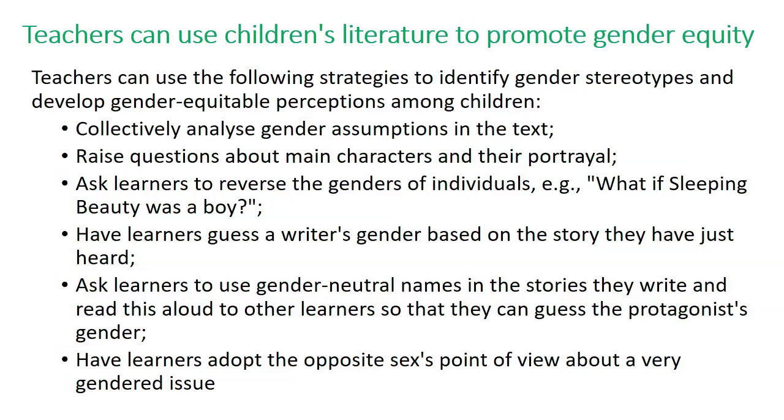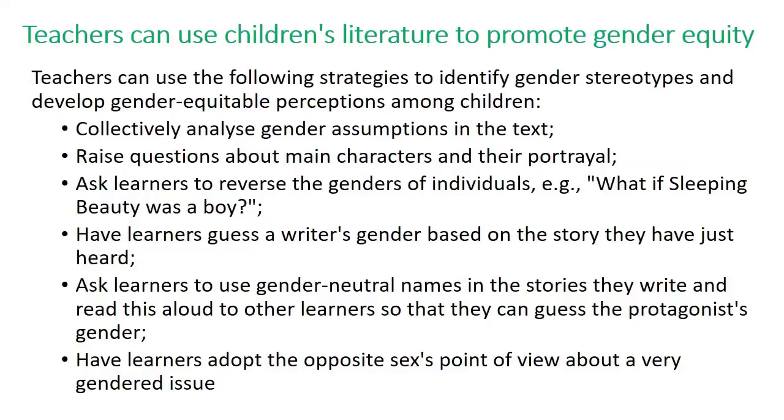And then based on how the story is written and what the character does, the rest of the learners can guess what the gender is. Then you can also help learners to adopt the opposite sex's point of view about specific topics or issues that they go through. So basically put themselves in the shoes of either a boy or a girl and how it would be if they were there.